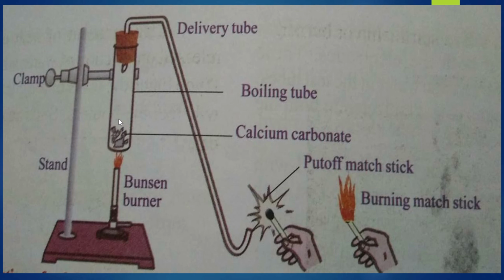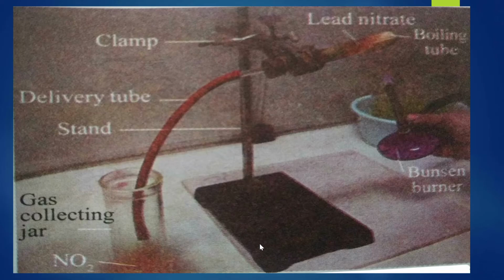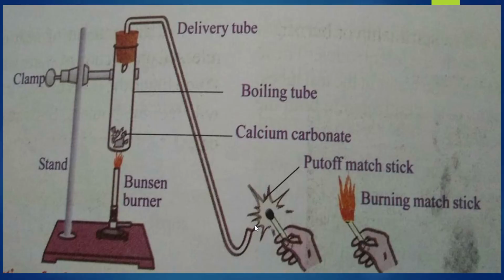Calcium oxide is left behind in the boiling tube and carbon dioxide passes through the delivery tube. So when we are exposing a burning splinter to the gas which is evolved, the burning splinter puts off, which shows that the evolved gas is carbon dioxide.